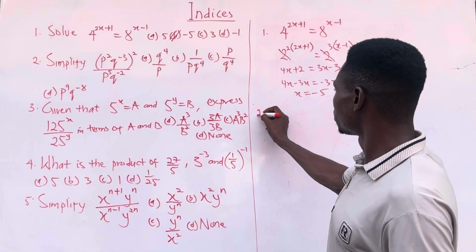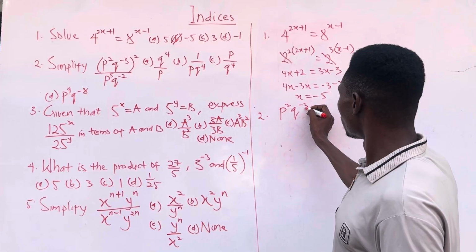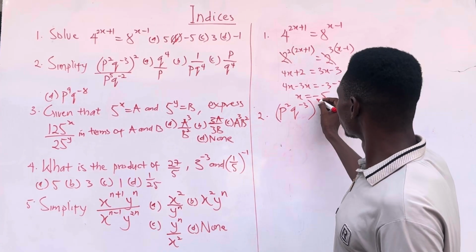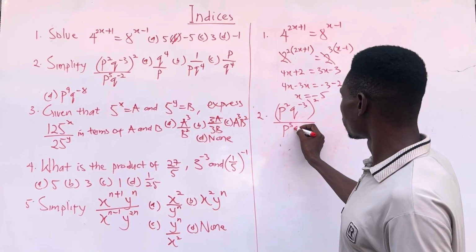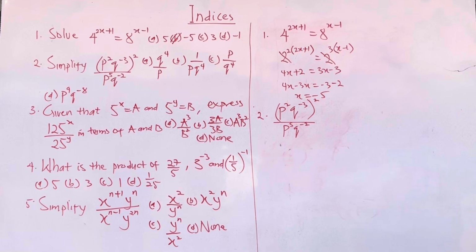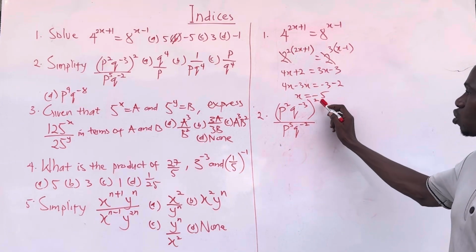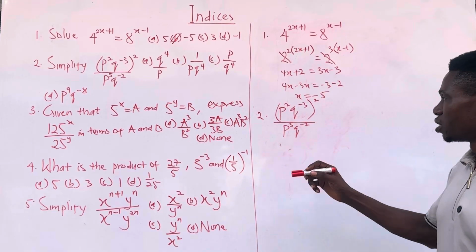Number 2 says (p²q⁻³)² all over p⁵q⁻². So what we'll do at first, let's take off this square. Let's share this square to all the elements in this numerator.